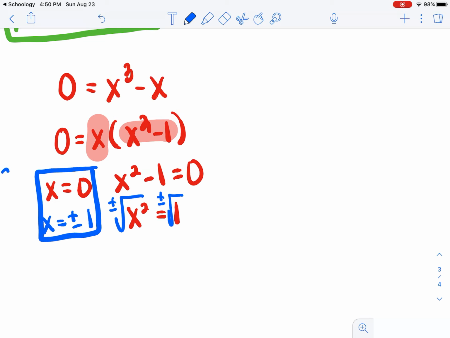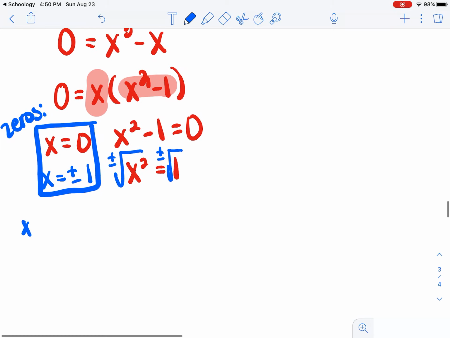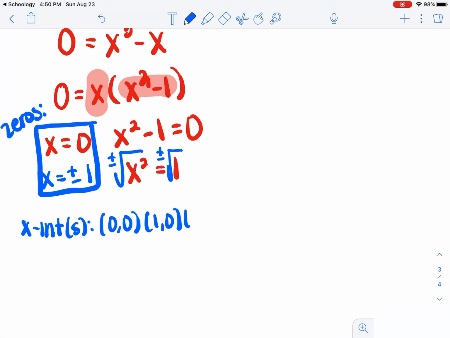So there's 3 zeros. Last but not least, my x-intercepts, it's not any more work. So I have 0, 0, 1, 0, and negative 1, 0. So notice I took each of these x values where y was 0.